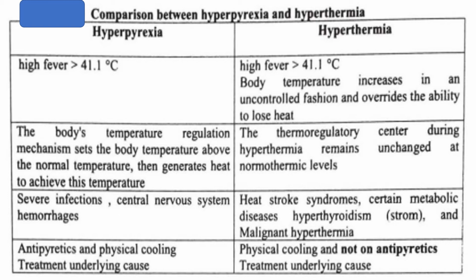The thermoregulatory center during hyperthermia remains unchanged at normothermic levels. Causes: heat stroke syndromes, certain metabolic diseases, hyperthyroidism, and malignant hyperthermia. Treatment: physical cooling and not antipyretics, and treatment of the underlying cause. In occupational medicine we say remove from hot environment in relaxed position.